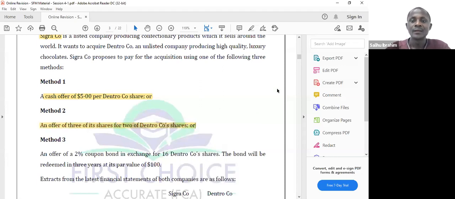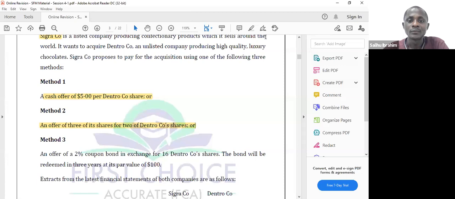We want to give Dentroco 3 shares for 2. So the ratio is 3/2. The ratio is 3/2.